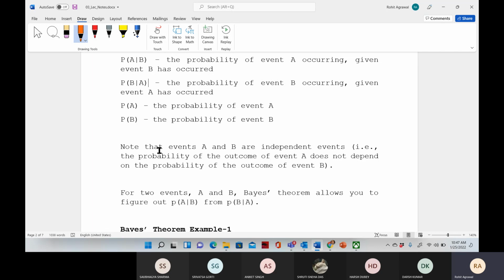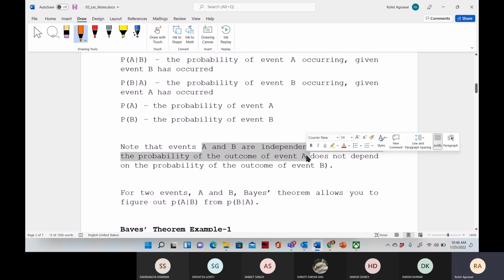It is given that A and B are independent events. So keep in mind the events must be independent. That means the probability of the outcome of event A does not depend on the probability of the outcome of event B. They are independent.